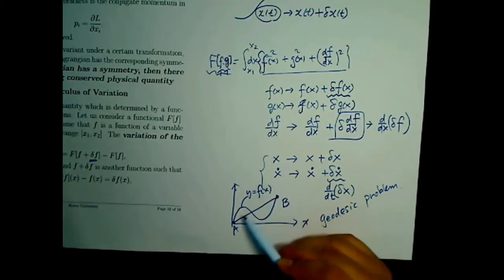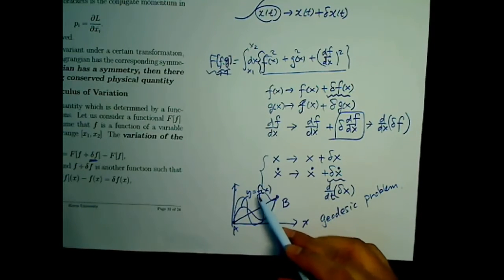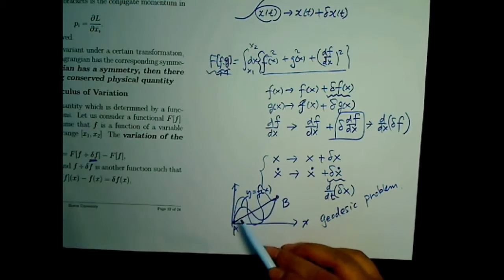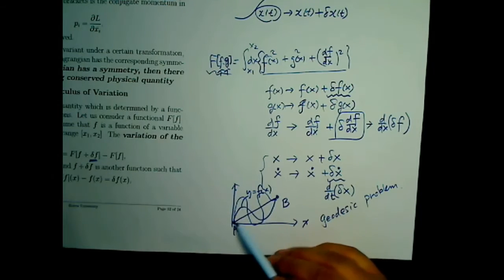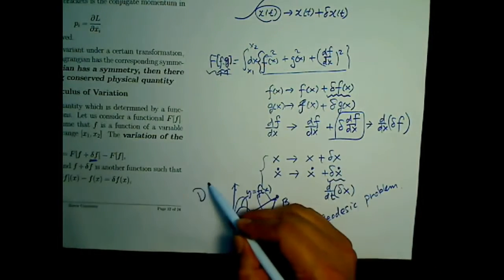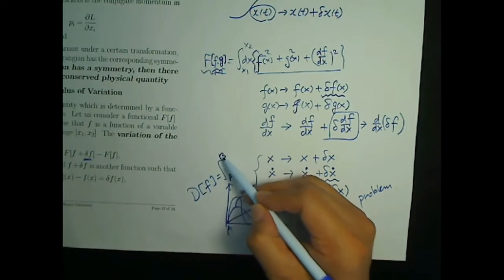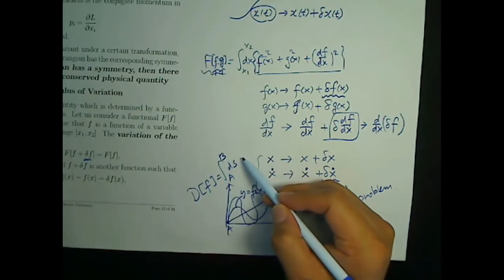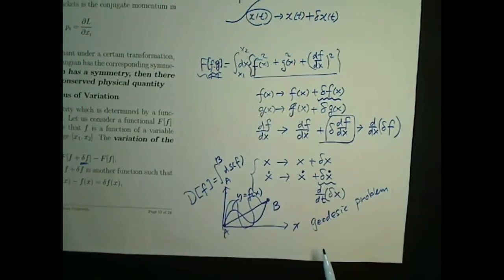Here, f of x is arbitrary, but I don't know which function satisfies the minimum value for the distance. But distance itself is just a number. So this number is a functional. The distance, let me call it F, is the integral from A to B of ds. And ds is a function of this f of x, right?